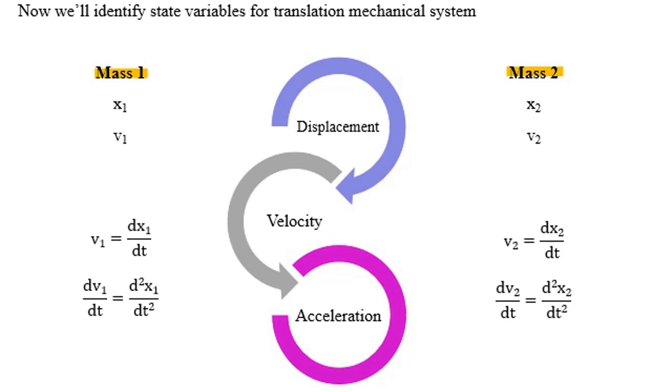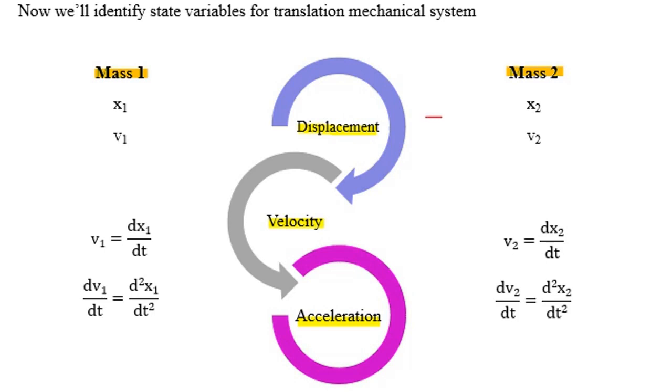Now in general, whenever we apply a force on any object, with this movement, the object covers some displacement. During the time it is moving, it has some velocity and also some acceleration. So students, these three variables are associated with motion of an object.